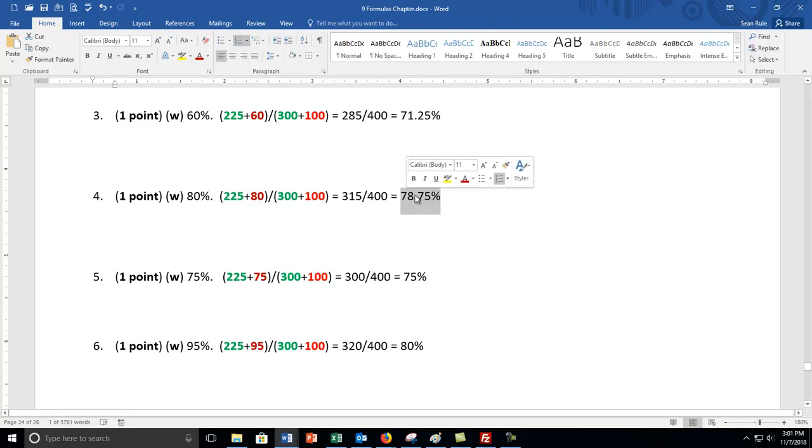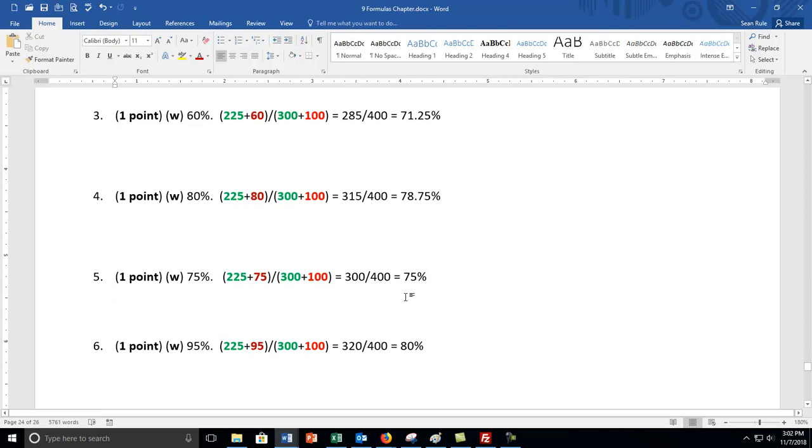If you get exactly 75%, look what happens. You end up with the same exact 75% again. So look at what happened so far. If you got a lower percentage on your exam than your current average, your average drops. If you got a higher percentage, your average rises. I'm not saying by how much, just that it rises or lowers. If you get the same grade, your average stays the same.